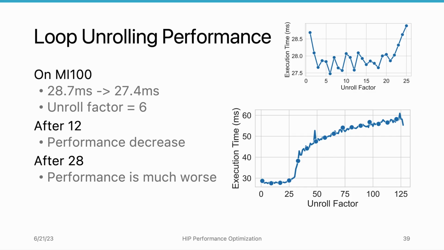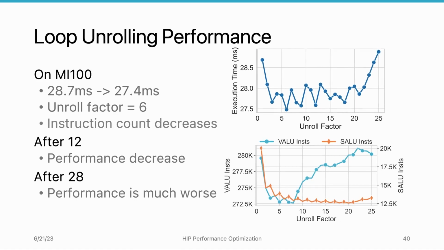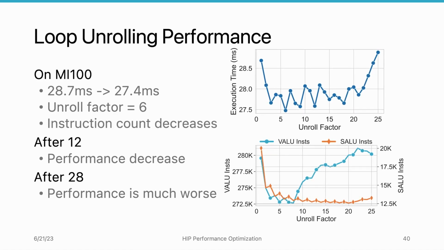As we increase the unroll factor beyond 12, we can see the performance decreases, although it's not too bad. But after 28, the performance is much worse. So we can try to understand what is going on here. We use the ROC profiler to get more information. The first thing we want to check is whether the instruction count is decreasing or increasing as we increase the unroll factor.